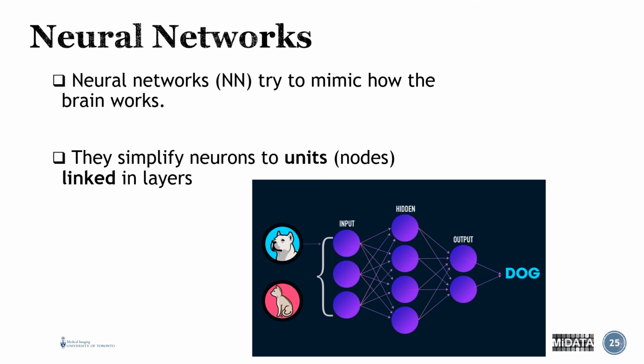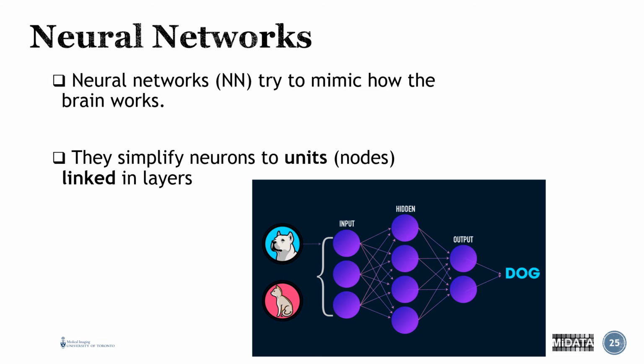So let's talk briefly about neural networks. They try to mimic how the brain works, as we've just seen in the previous slides. They simplify neurons to units, also called nodes, that are linked in layers. In this figure, the vertical columns of dots represent layers.